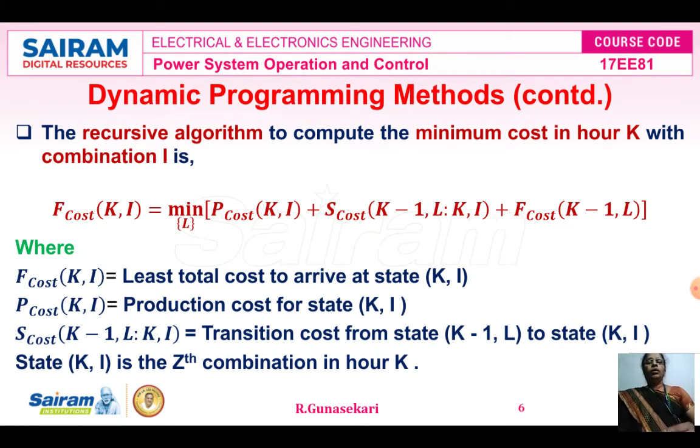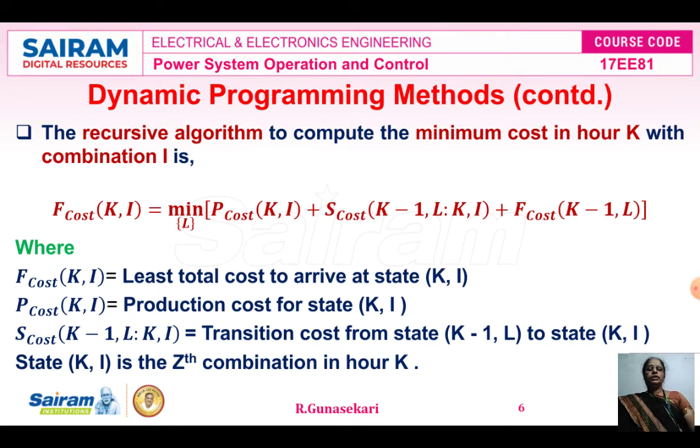Then what is the formula? That is, the recursive algorithm used in the dynamic programming method. The first one is the recursive algorithm to compute the minimum cost in hour K with combination I. The formula is F cost (K, I) equals minimum over L of [P cost (K, I) plus S cost (K-1, L : K, I) plus F cost (K-1, L)].